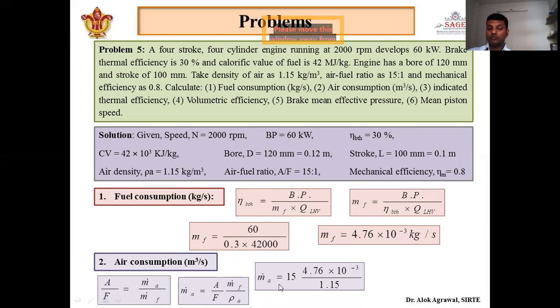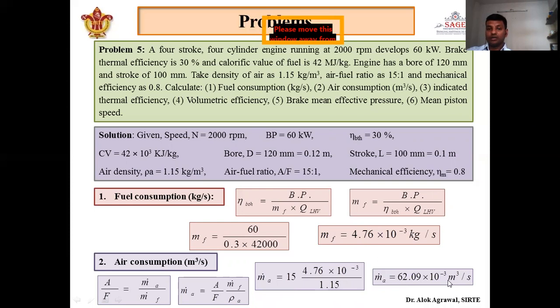So the mass flow rate will be converted and it will give volume flow rate. Substituting all the values, A by F is 15, mass flow rate of fuel is 4.76 into 10 to the power minus 3, and density of air is 1.15. So we'll get 62.09 into 10 to the power minus 3 meter cube per second as flow rate of air.